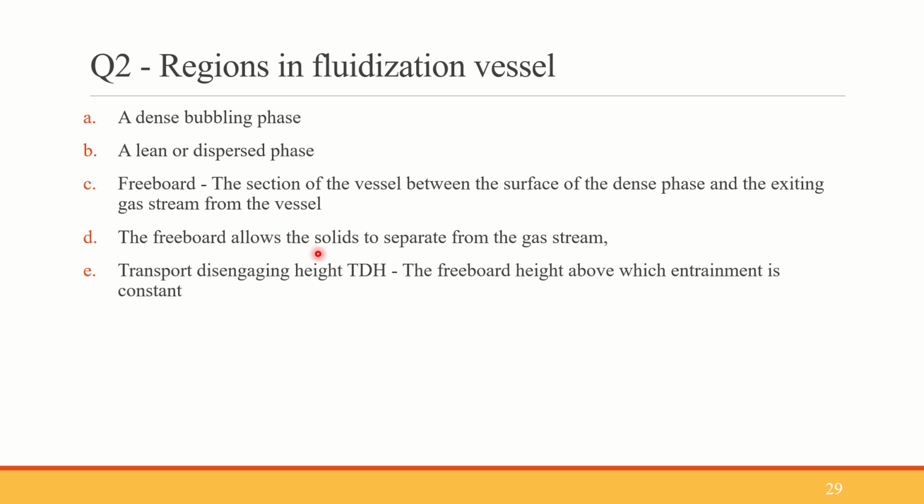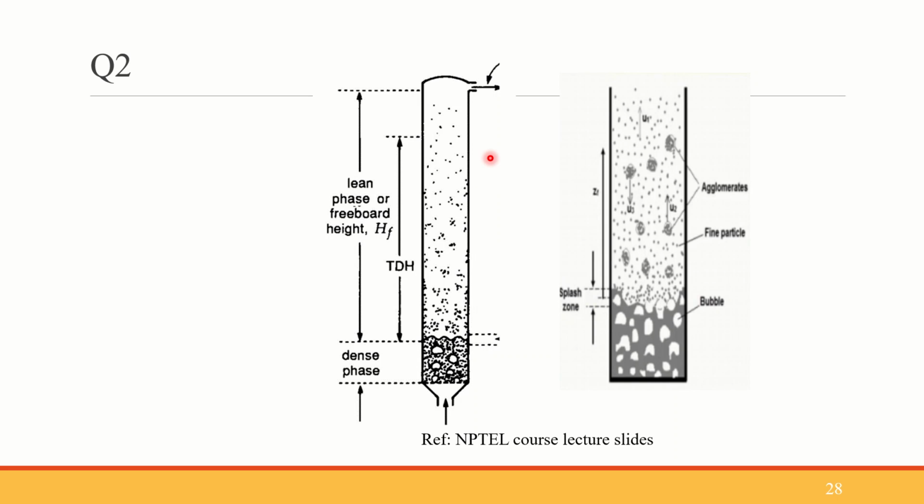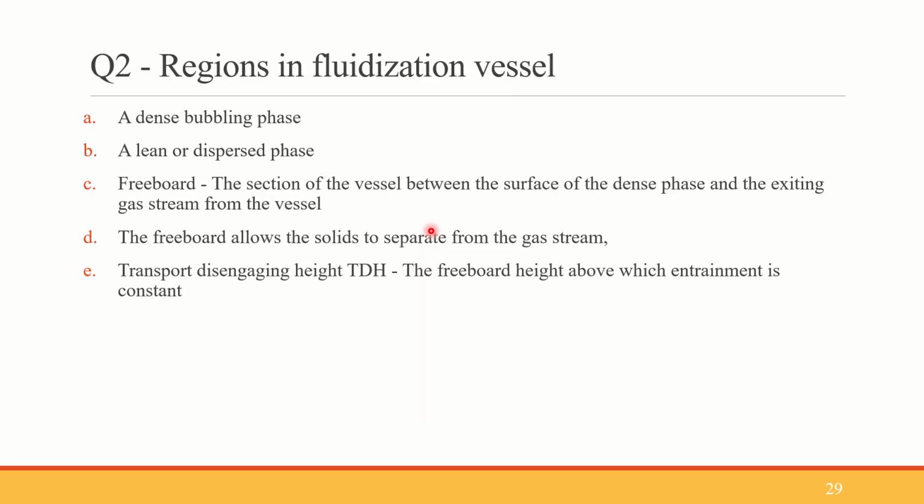Transport disengaging height, TDH, is the freeboard height above which entrainment is constant. Here after this the entrainment rate is constant. Above TDH, entrainment is constant, whereas below it is varying.